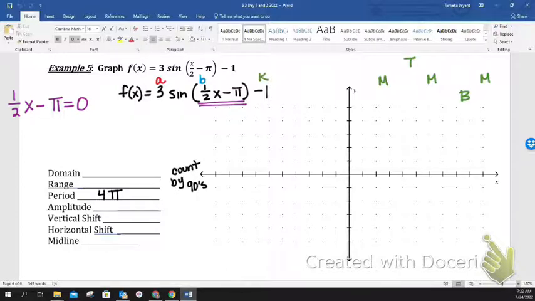In order to solve this, I would add pi to both sides. And then I would multiply by 2.